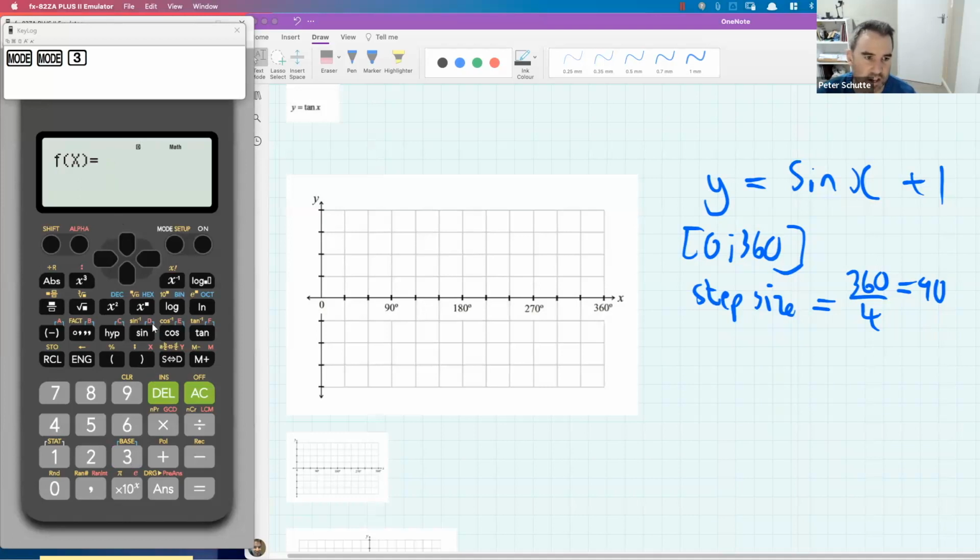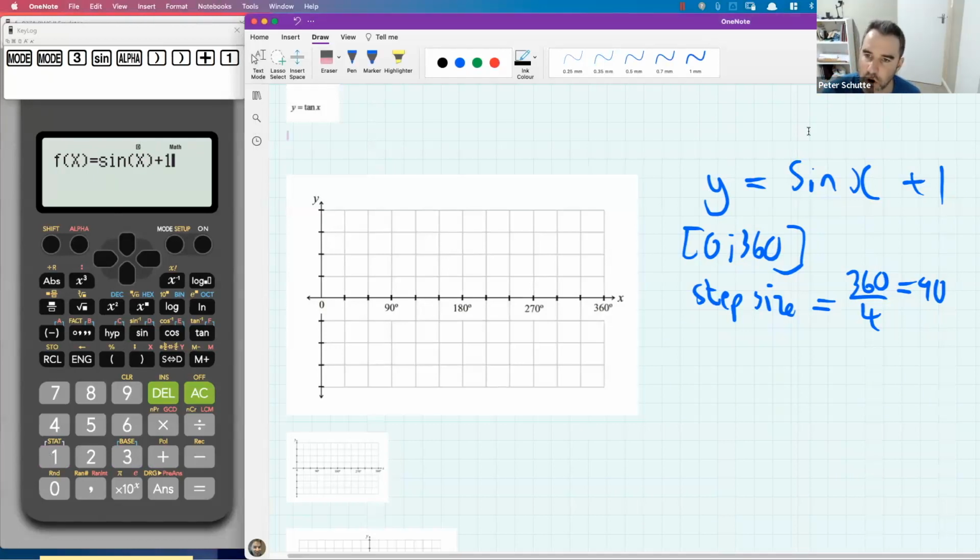So in this case, it will be sine. Then I go alpha. Then I go the bracket thing, which gives me the x there. And then I close my bracket. And then I go plus 1. And that is the equation of the graph that I want to draw.